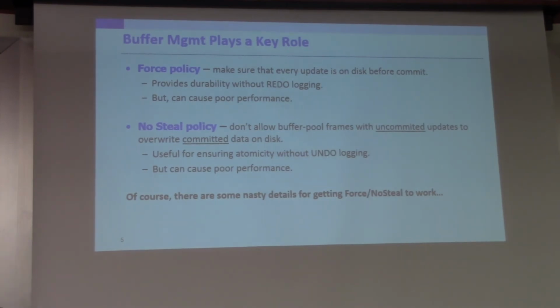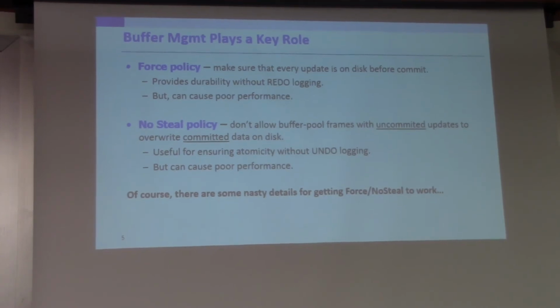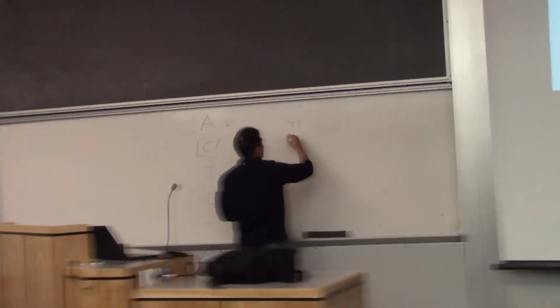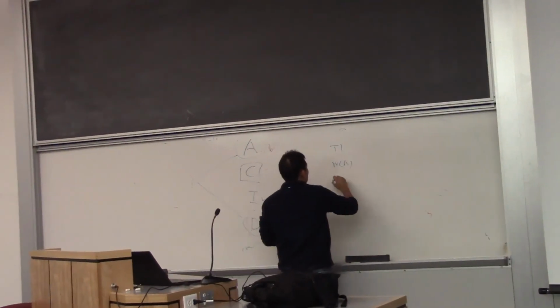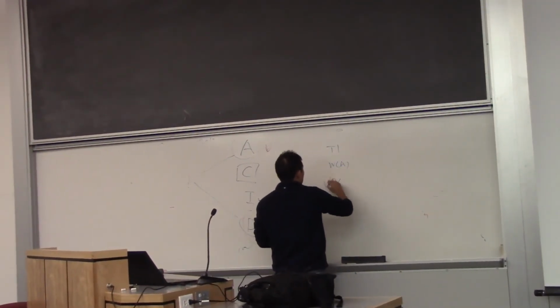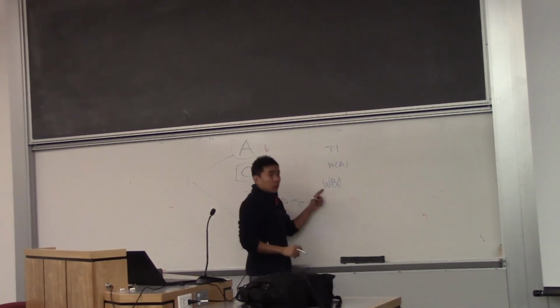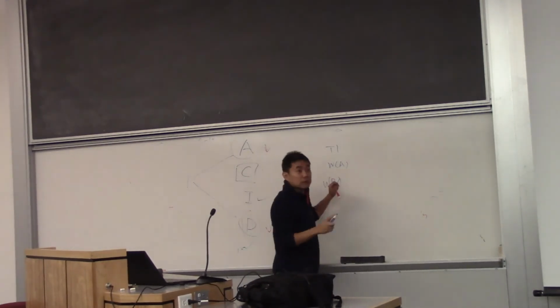For example, I have a transaction. Let's see, write A and write B. What really happens when you write A?